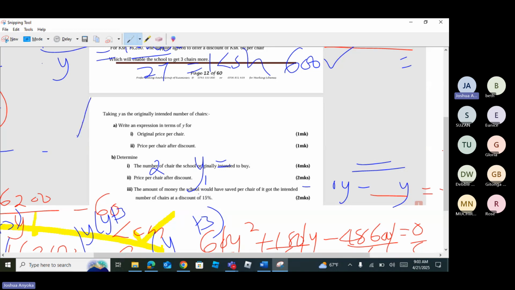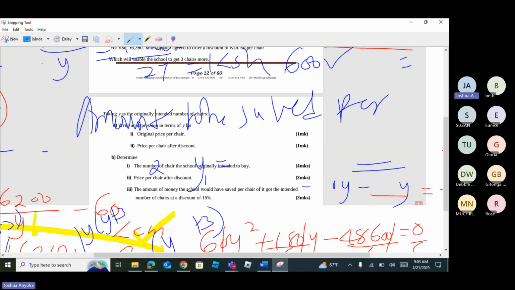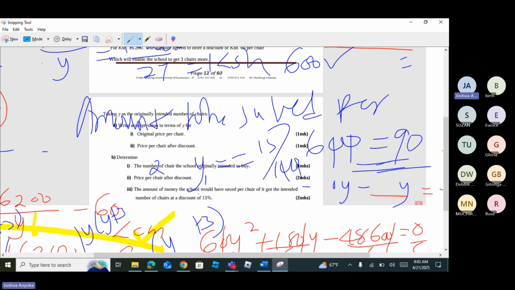The amount to be saved per chair is 15% of 600, which is 15 times 6, 90 shillings per chair. And the question is done.